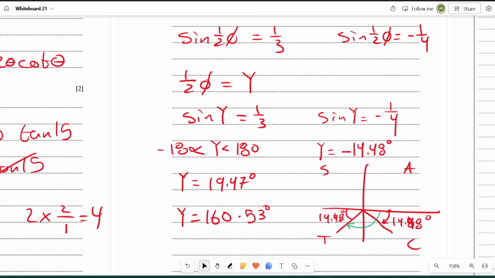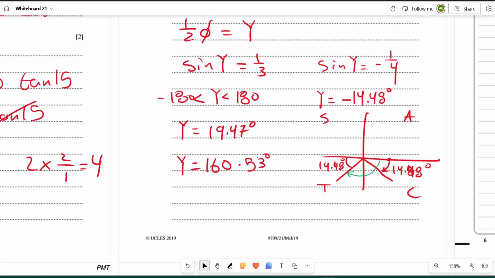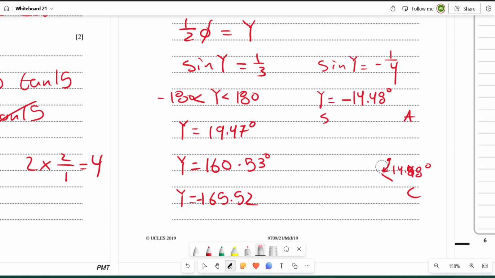So 180 minus 14.48 is equal to, so the next y is going to equal 165.52. However, we rotated in the clockwise direction, so this must be a negative value, and I don't have any other answers. These are the 4 answers for y.